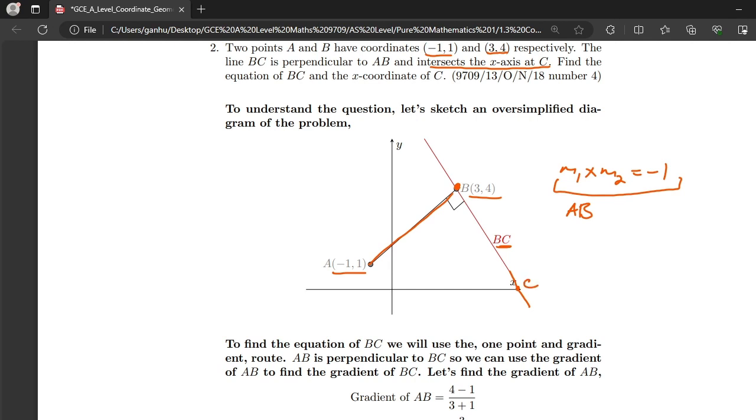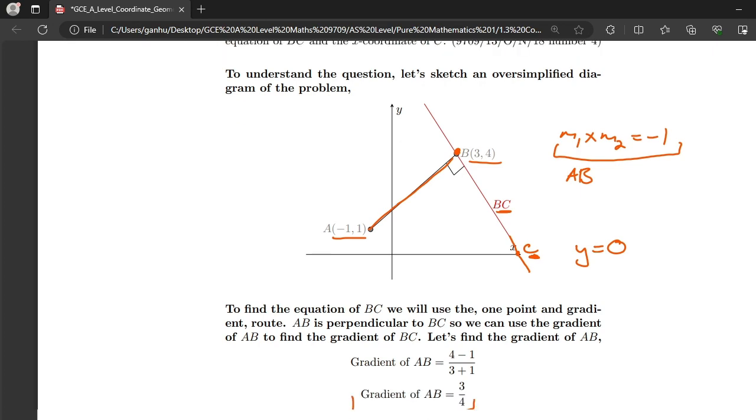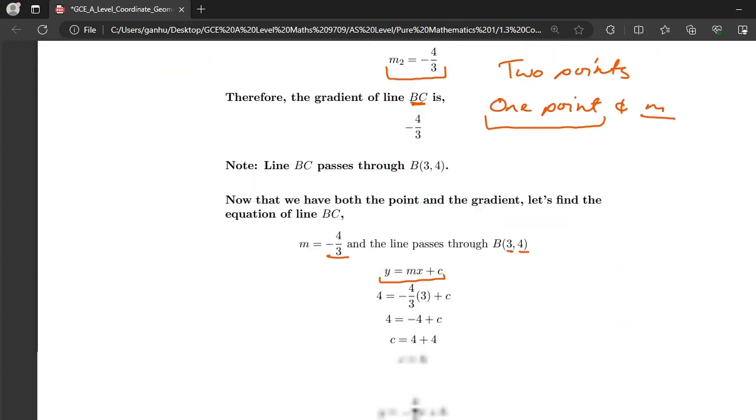And we know that on the x-axis, y is equal to 0. So if we want to find the x coordinate of C, we simply substitute y equals 0 into the equation of BC. So let's do that.